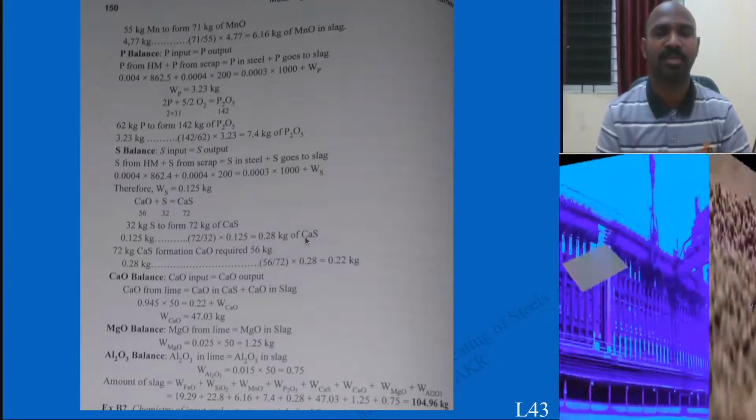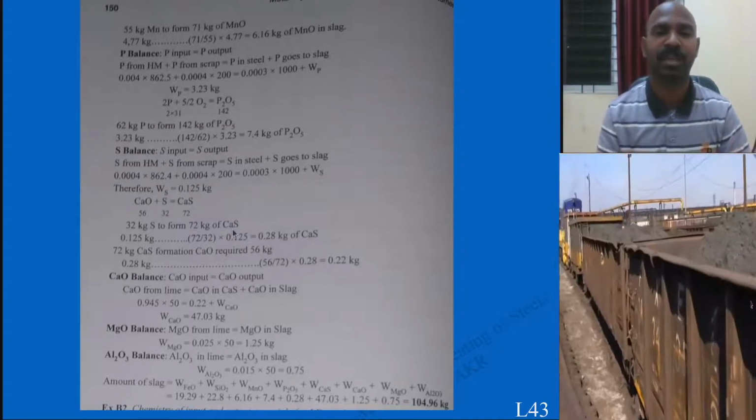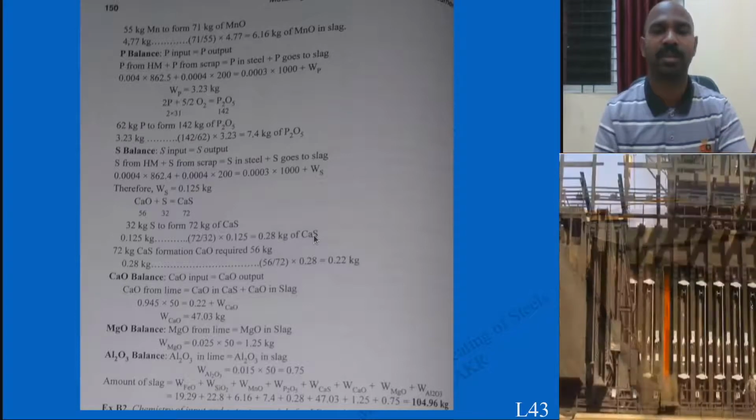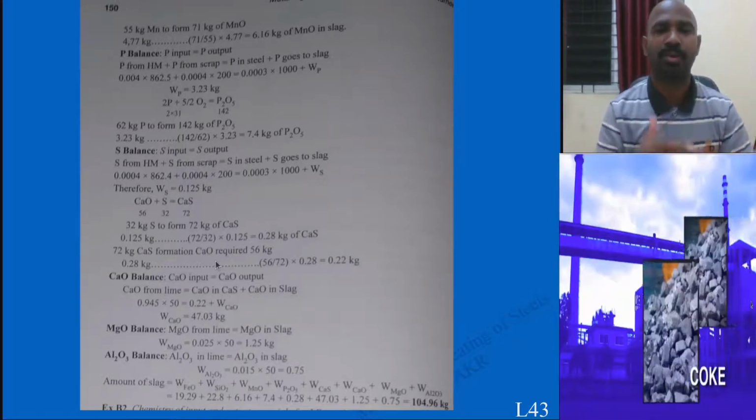Either you need to calculate with respect to the sulfur how much CaS is going out, or with respect to the lime. Both the things are interdependent. This is one of the different points one needs to remember.